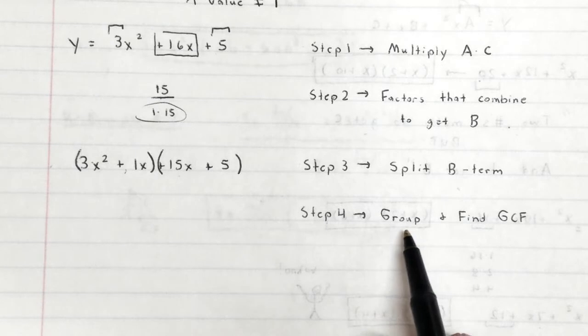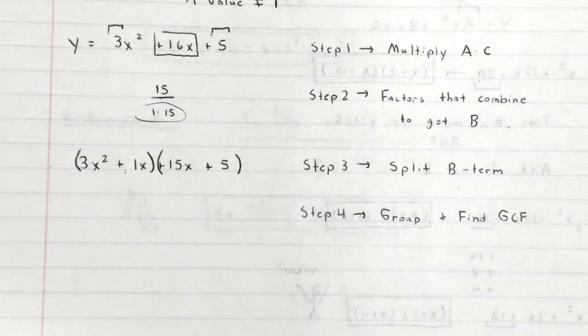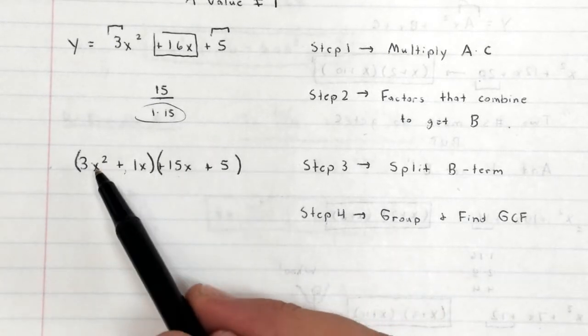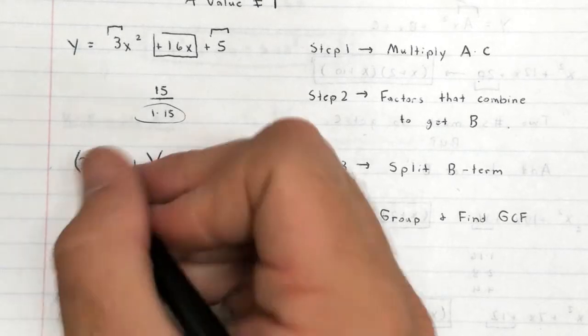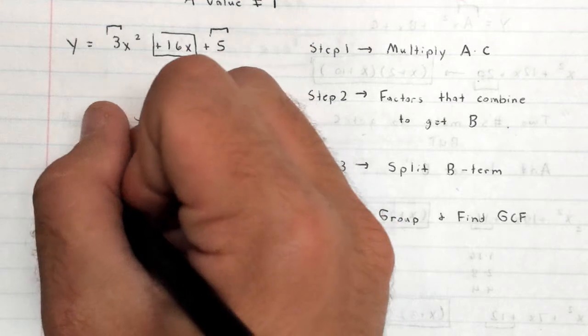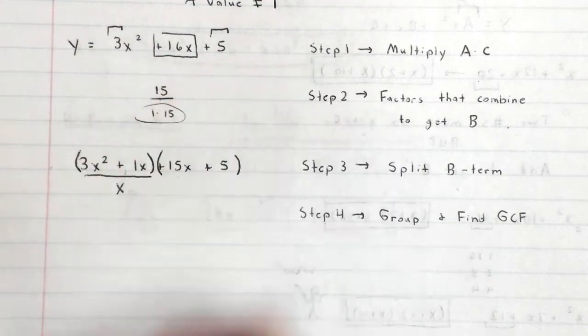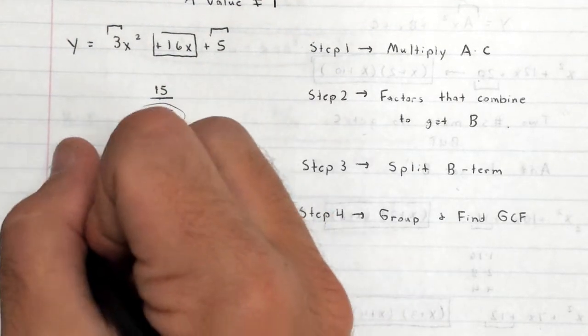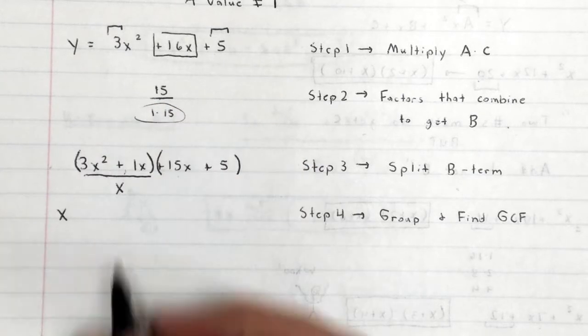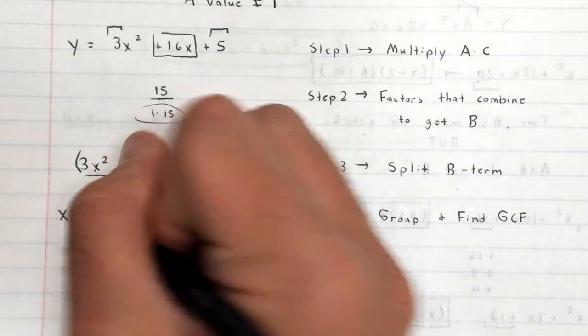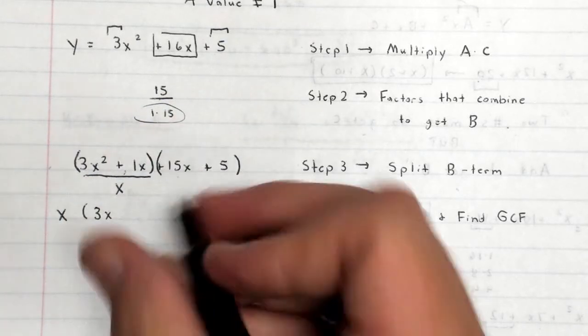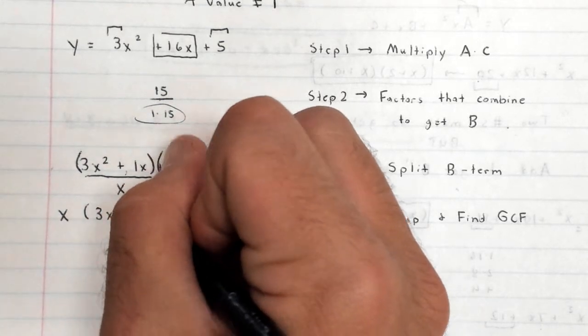So I grouped it, and now I'm finding a GCF. 3x squared and 1x. Their GCF that they have in common is an x. So I'm going to divide everything by x. That x goes up front. 3x squared divided by x, I'm left with 3x. 1x divided by x will leave me with a plus 1.